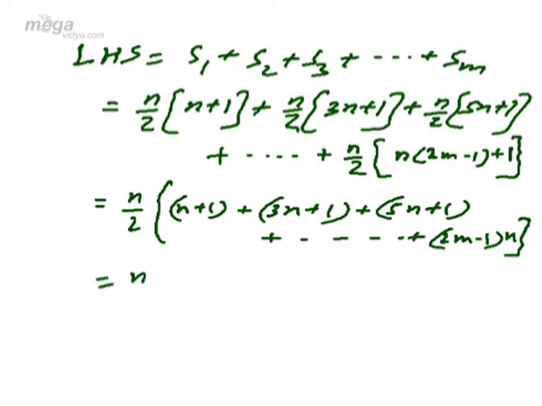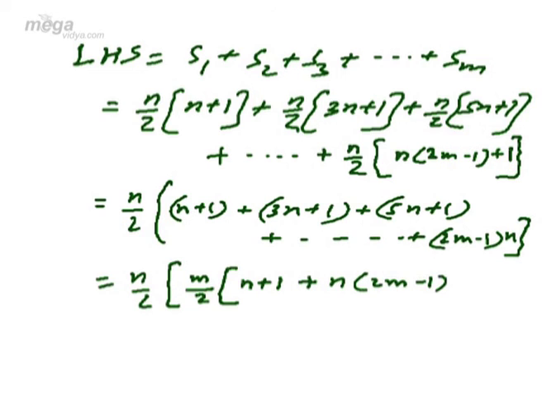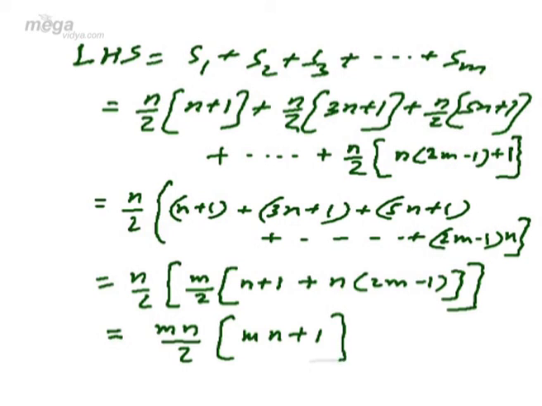Therefore, n by 2, and the number of terms in this series is m. Because of this, I write the formula for the sum of n terms of the AP, that is m by 2 into first term plus last term. The first term is n plus 1, and the last term is n times 2m minus 1 plus 1. By solving this, we get mn by 2 into mn plus 1.